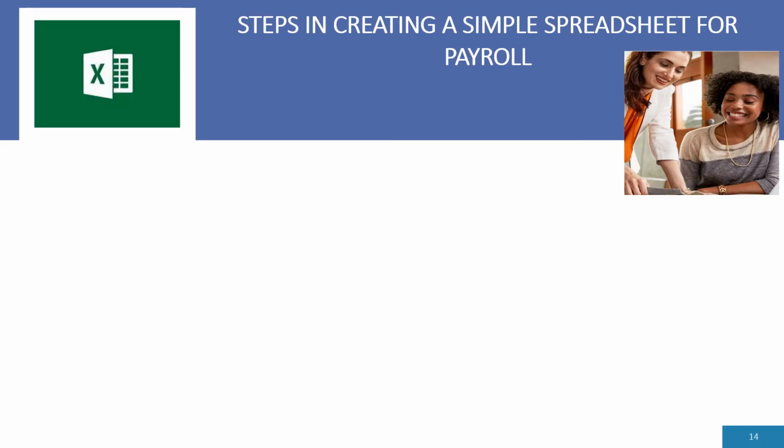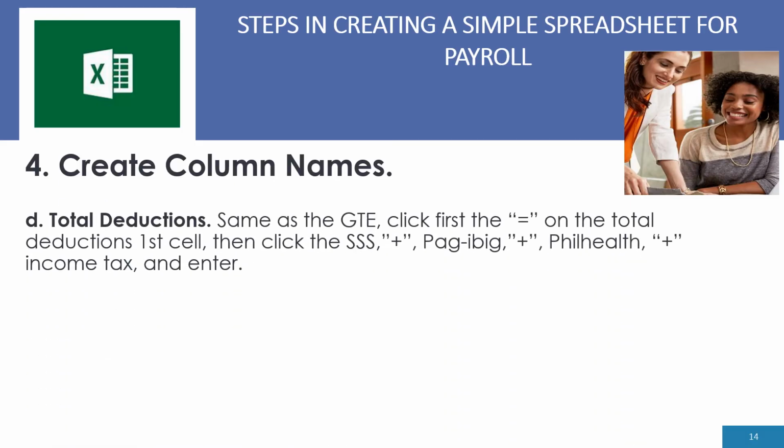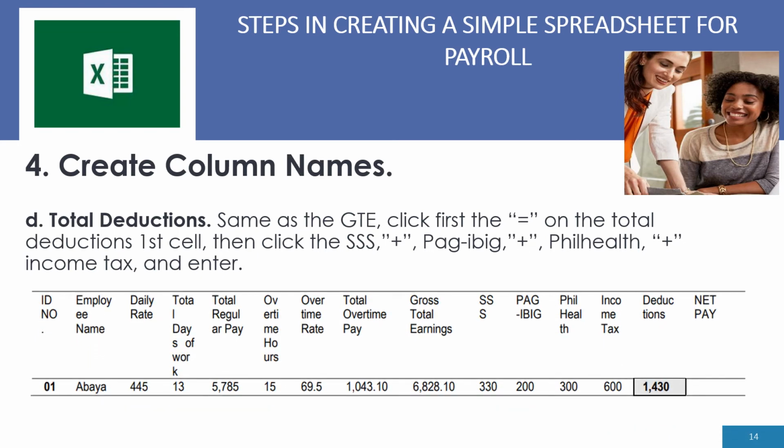For the next step, we are going to compute the total deduction. Same as what we have done with the gross total earnings, I will show you again. You are going to put your cursor here, in this cell.